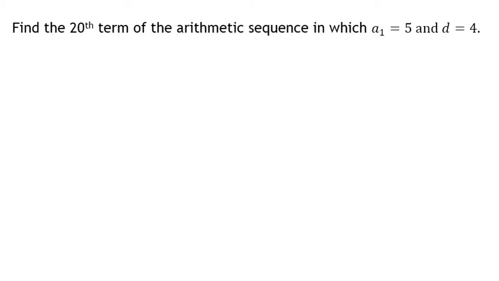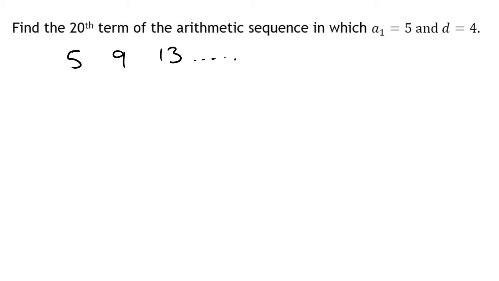Find the 20th term of an arithmetic sequence in which the first term is 5 and the common difference is 4. I could start with the number 5, then add 4 and get 9, add 4 and get 13, etc., and go all the way out to find the 20th term. But it's probably a nice idea to write the explicit formula.